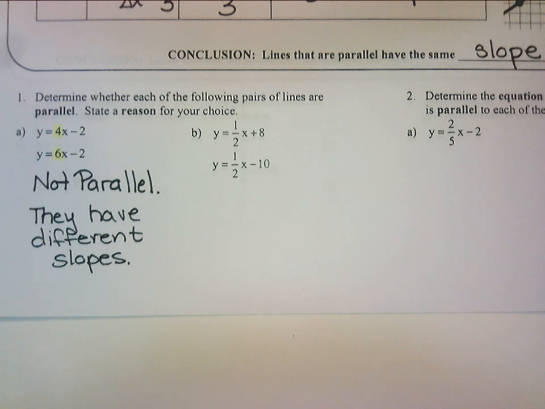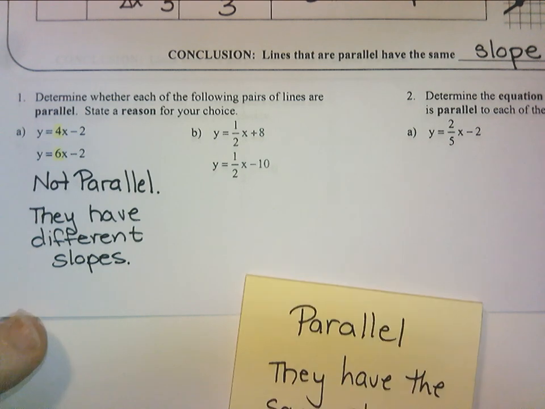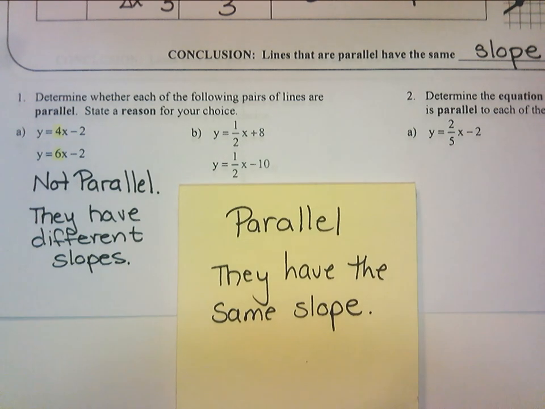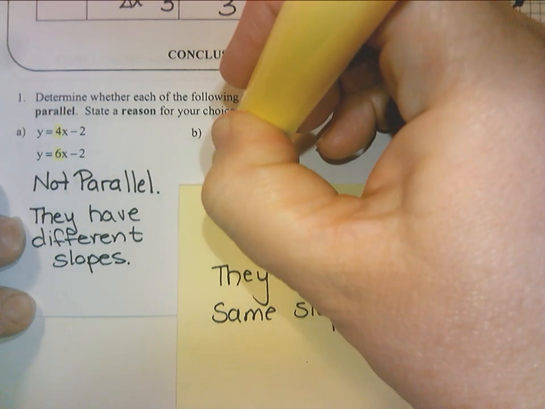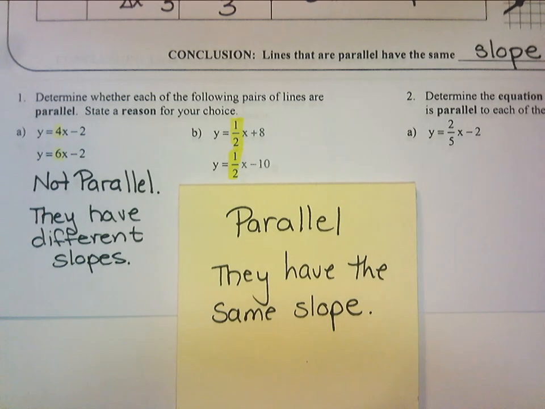Hopefully you paused the video and tried that question on your own, and hopefully you discovered that they are parallel because they have the same slope. This one is 1/2, this one is 1/2, they have the same slope, so they are evenly spaced and they would be parallel.